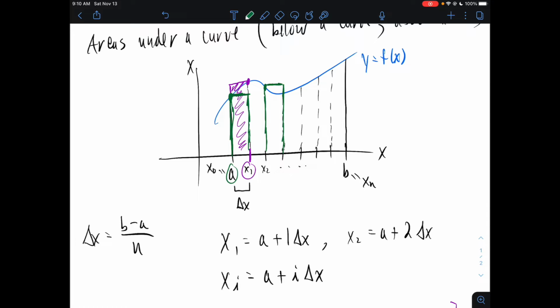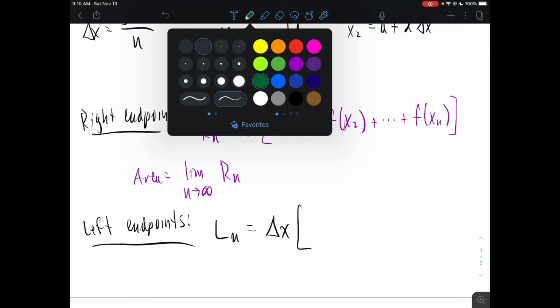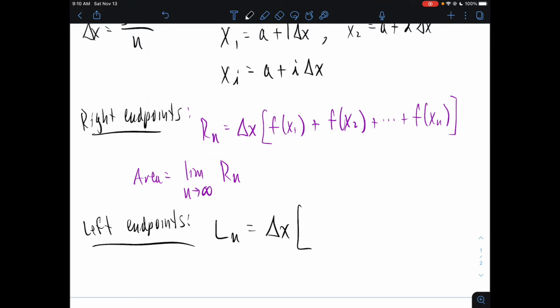So really the idea is that if you use the right endpoints for the whole function and then use the left endpoints for the whole function, you'd get an upper and lower bound for this area. So then for the left endpoints, the values that I plug into my function start at x0 and then goes to x1 and then goes all the way up to the one just before the last value, which is written as x sub n minus 1.